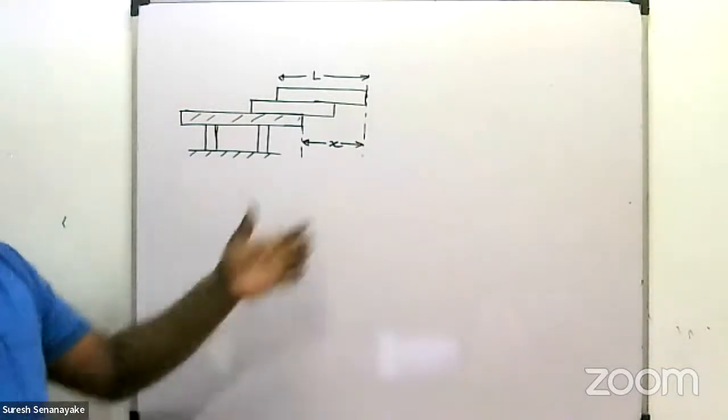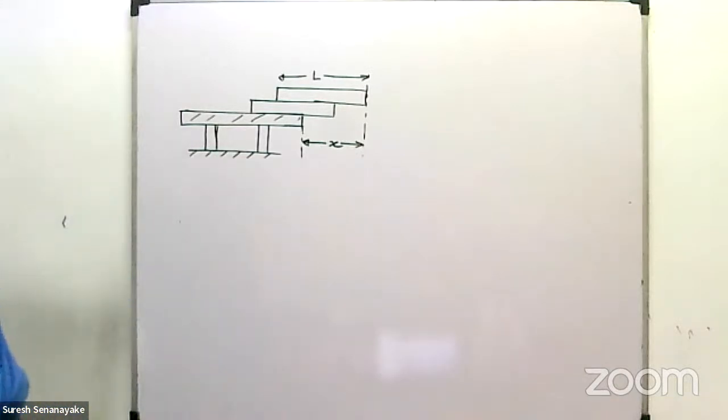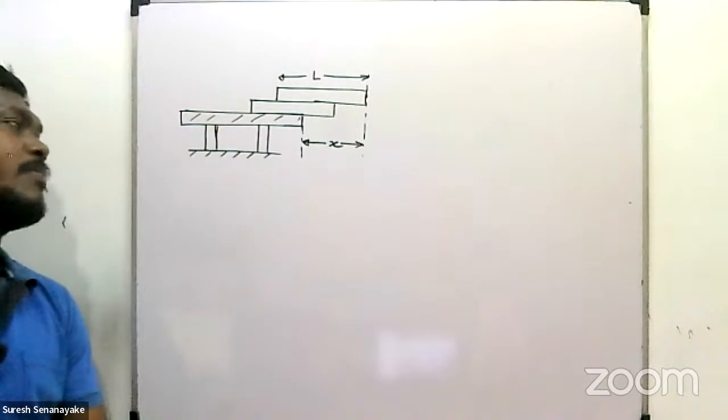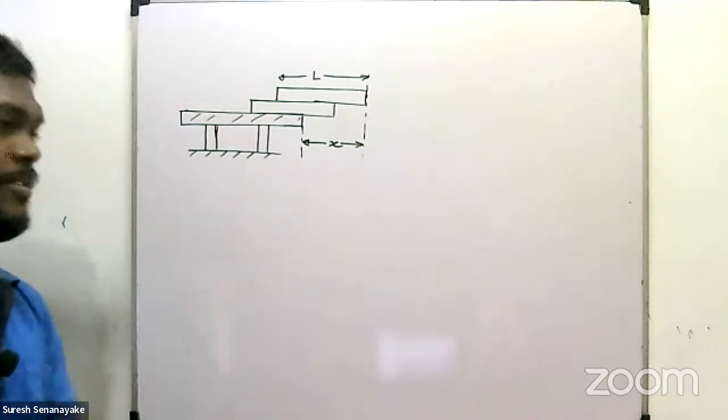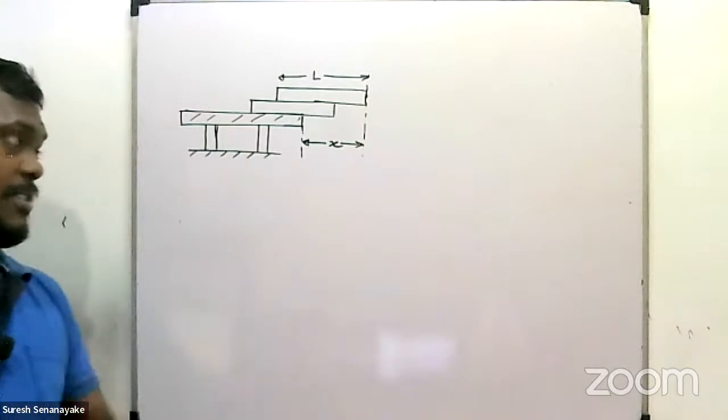What is the maximum distance x which can be achieved as the system is in equilibrium?